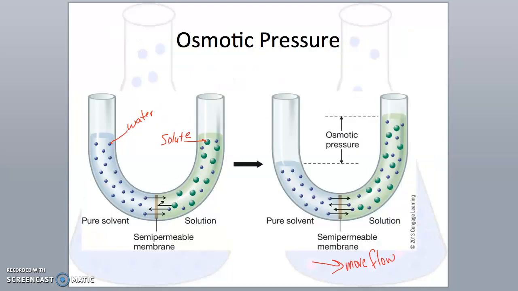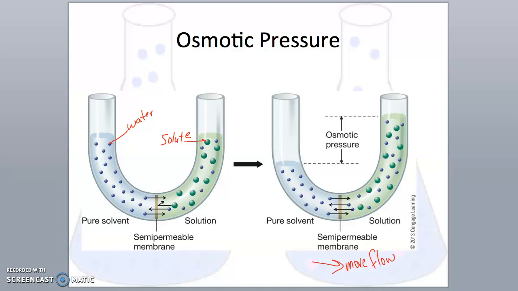Lastly, we're just going to mention osmotic pressure. Osmotic pressure involves a semi-permeable membrane. If we started with just pure solvent in this U-shaped tube with a semi-permeable membrane, the levels would be the same on either side. But if I poured a bunch of solute, maybe some salt, into one side, then we've created a new situation.